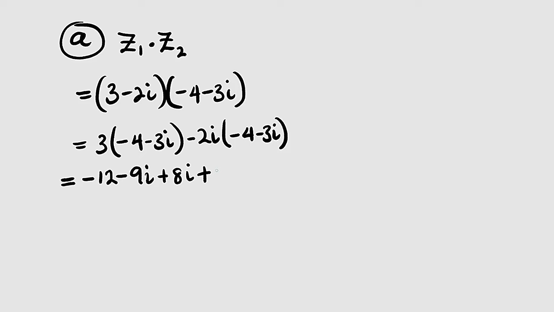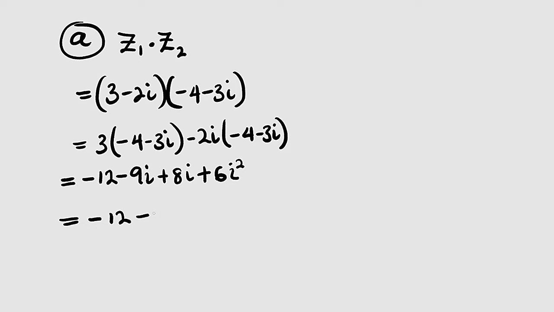Then negative times negative is positive, 2 times 3 is 6, and i times i is i squared. But remember, what is i squared? i squared is just negative 1. So we have negative 12. Negative 9i plus 8i is negative i.